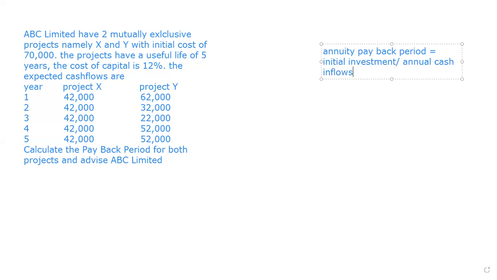Remember, from the question we have been given an initial cost of 70,000. Now for this case, we take that 70,000, then divide it with the annual cash inflows, which is 42,000.